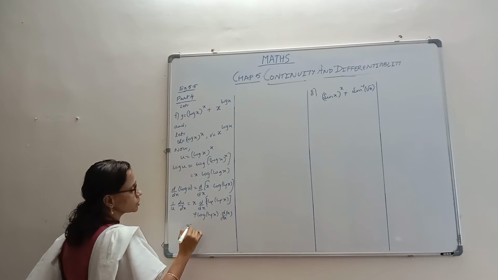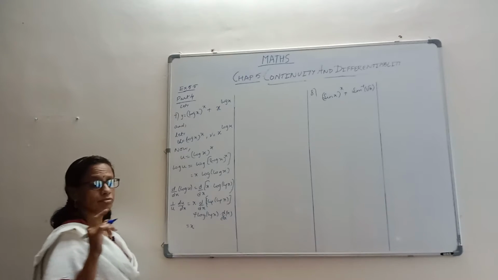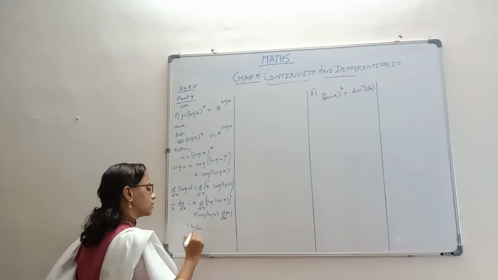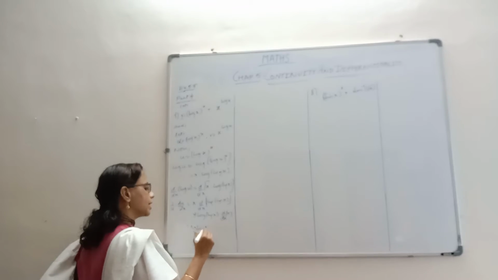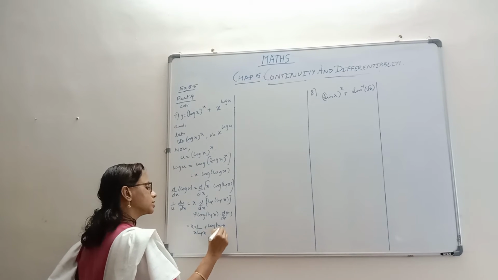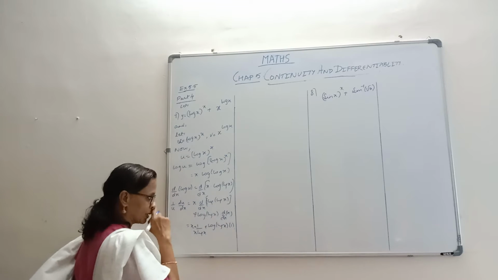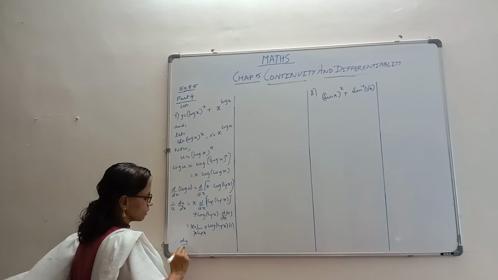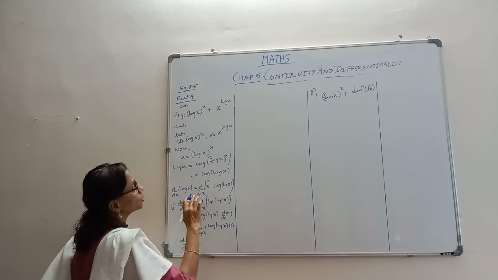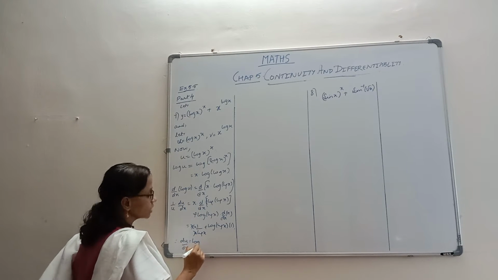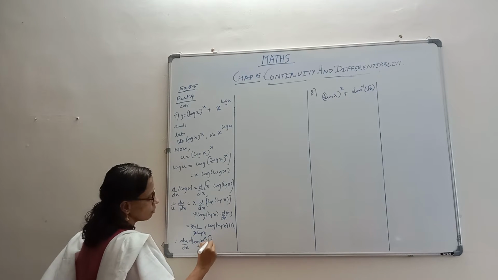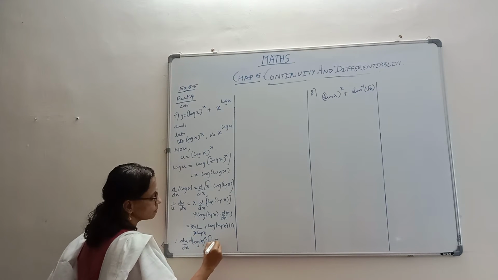Now this we have done before. Derivative of log x, I told you that we will require it many times, is 1 by x. So the derivative of log(log x) is 1 by x log x, and here log x is as it is, derivative of x is 1. The x's can cancel and you get du by dx, after taking the u on the other side, is (log x) raised to x times (1 by log x plus log x).